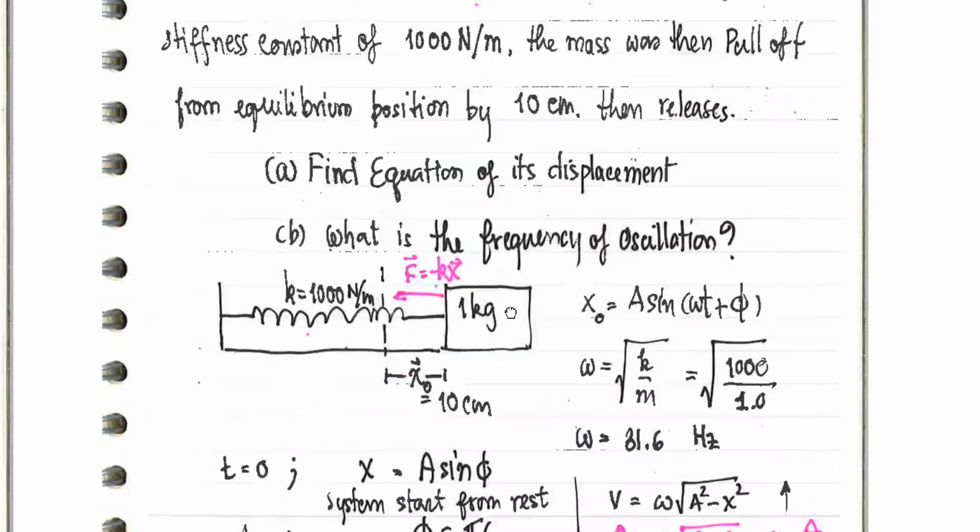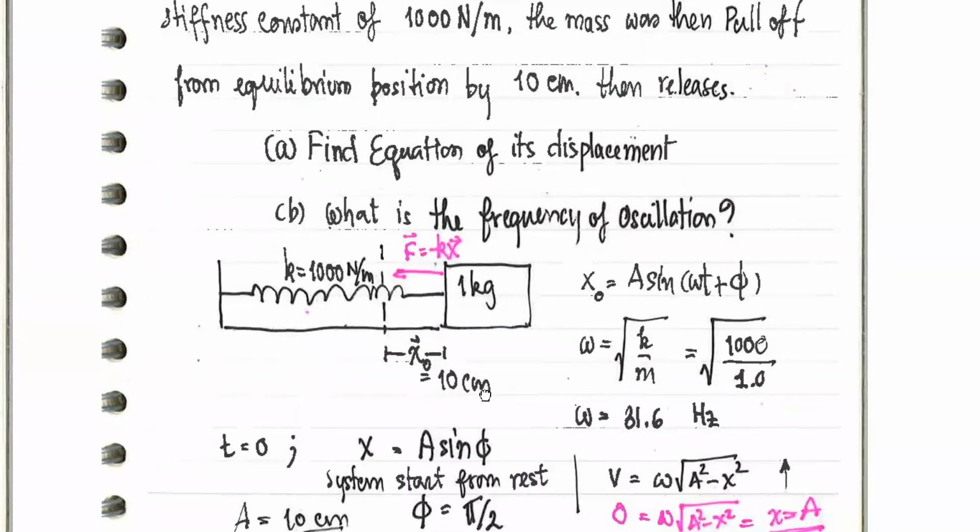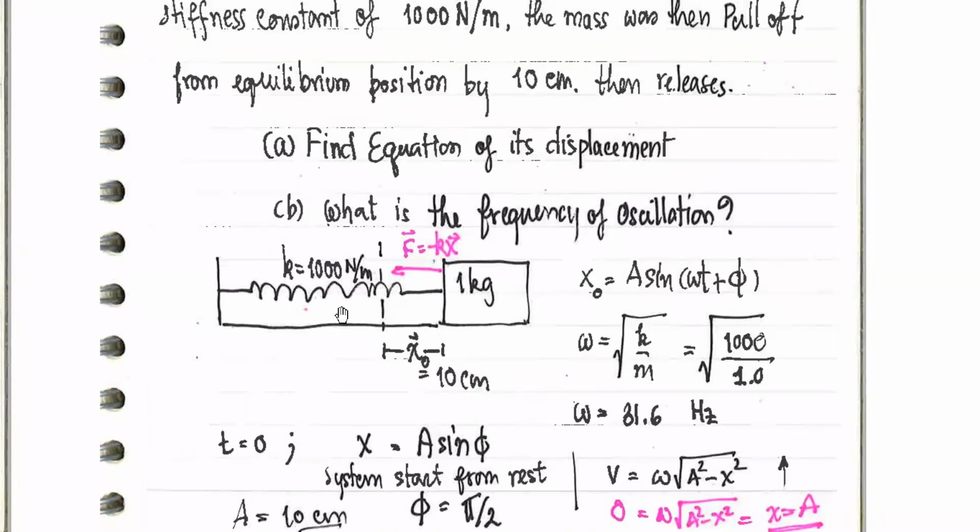Now, according to this equation, the object is pulled out by a stretching distance of 10 centimeters and then released. We assume that the maximum displacement is 10 centimeters.